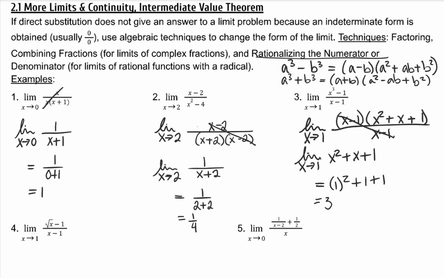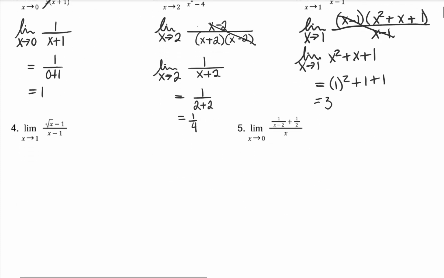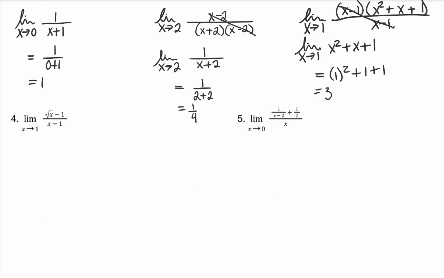All right, here I have a radical in a rational function, and so rationalizing the numerator or denominator was the technique for that. Our radical is in the numerator, so we're going to rationalize the numerator by multiplying the numerator and the denominator by the conjugate of the piece that has the radical, of course. This is just multiplying our function by a special form of the number 1. When you multiply by a conjugate, those middle terms will reduce to 0.